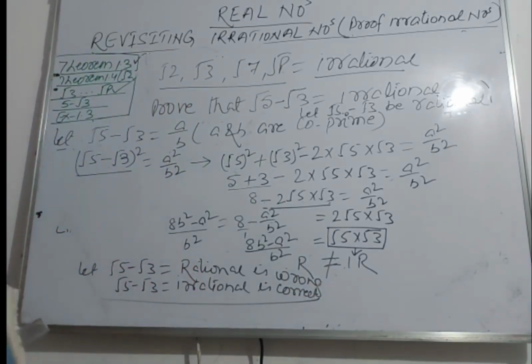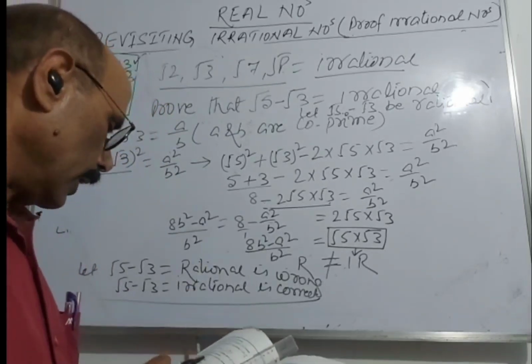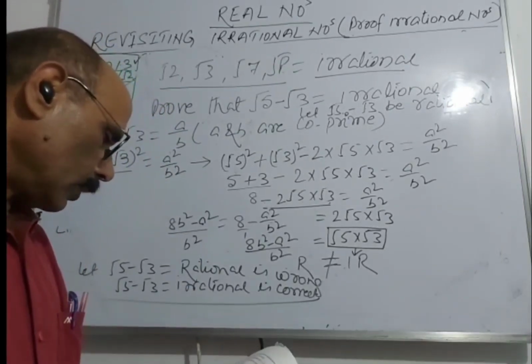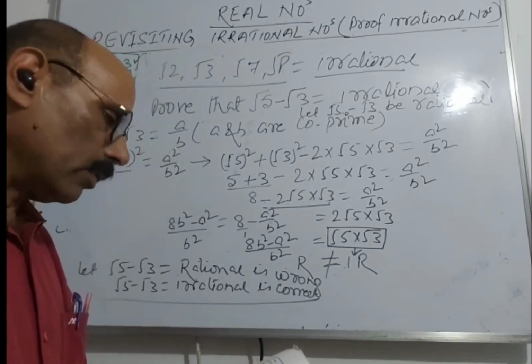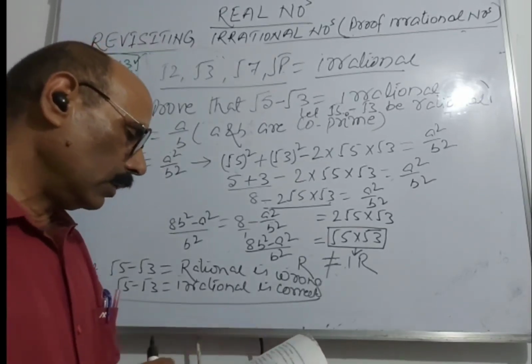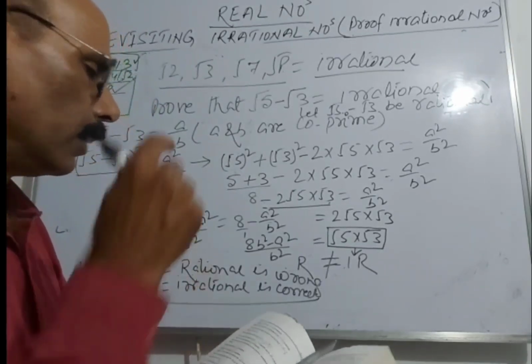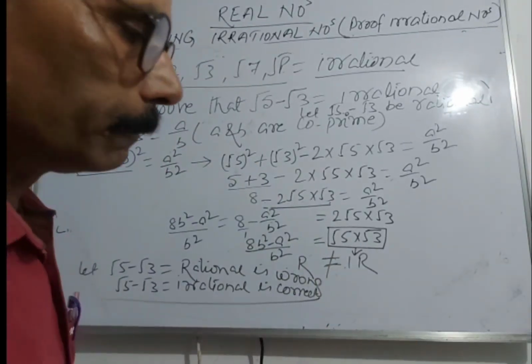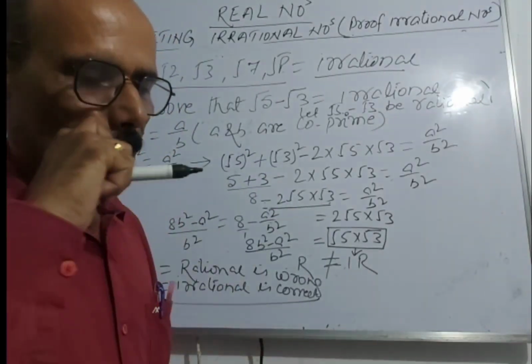Like this proof. Okay. Like this, any number of this type we can prove. So here see exercise 1.3. Up to exercise 1.3, you can very easily prove the irrationality of any number. I think you might have understood easily.